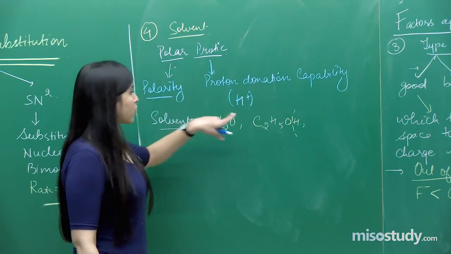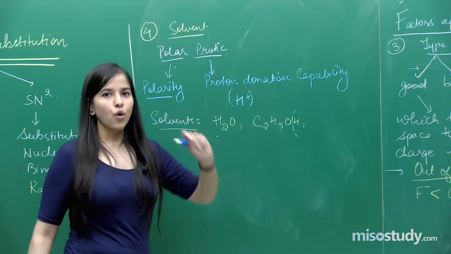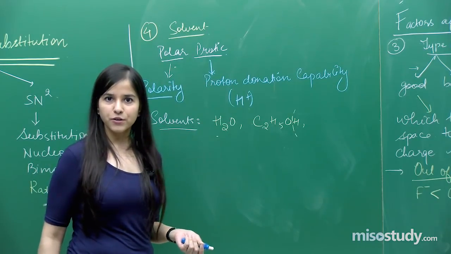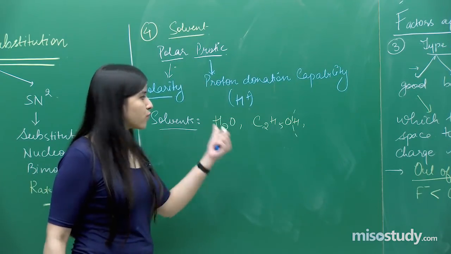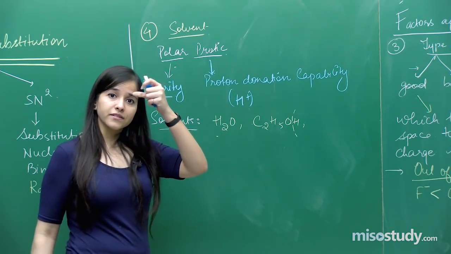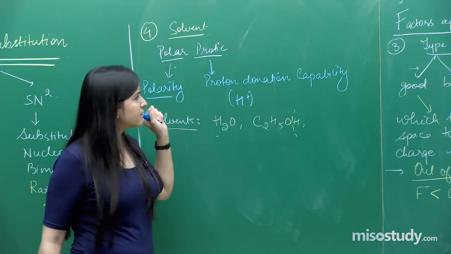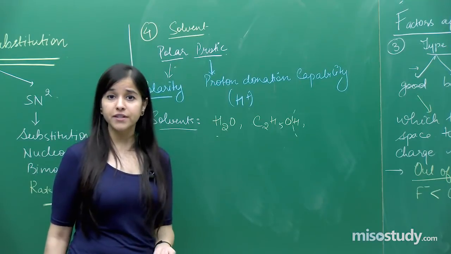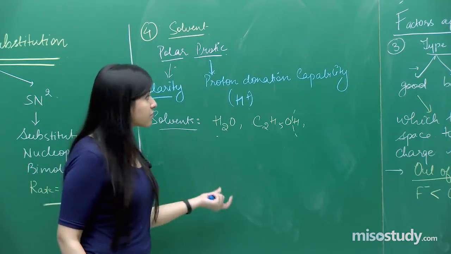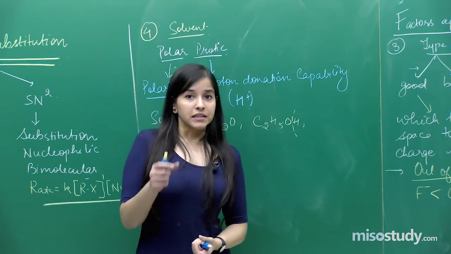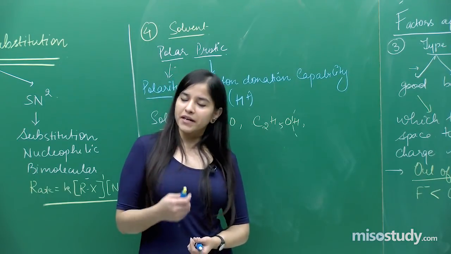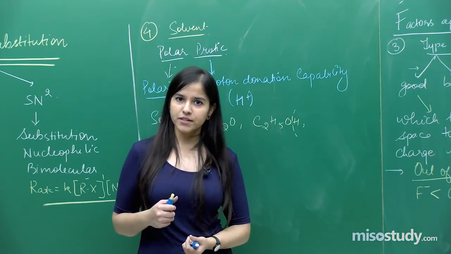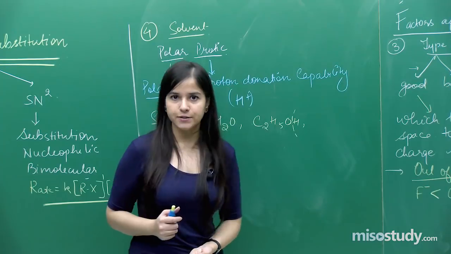And also it has polarity as well. Or we can use acetic acid, fine. So generally water is what we use over here. That is just a simple idea about it. No need to go into the detail because it's not included in your syllabus basically. Why I am telling you this is the application of it might come in some of the questions, but the chances are very less.